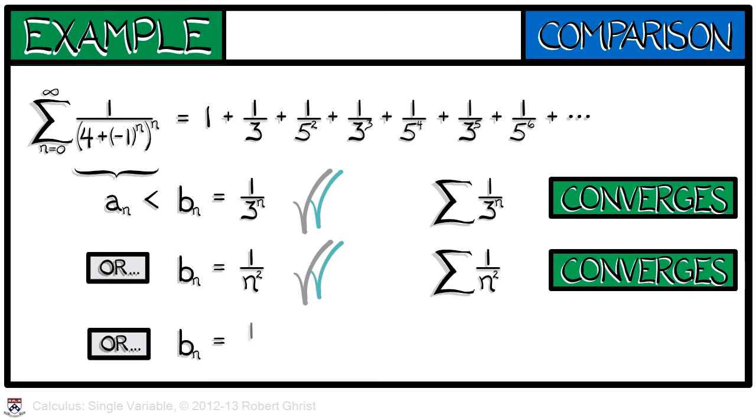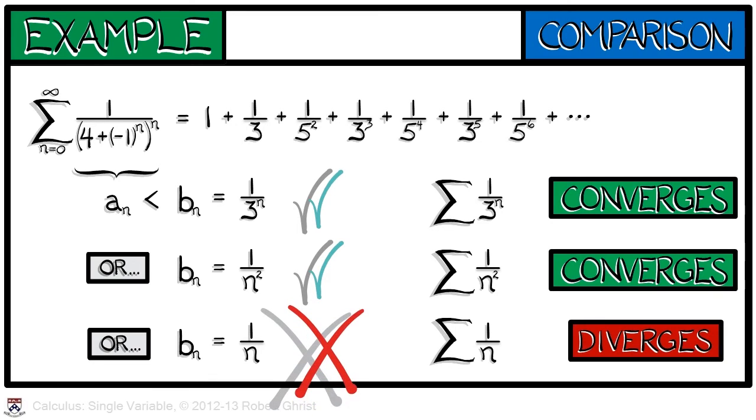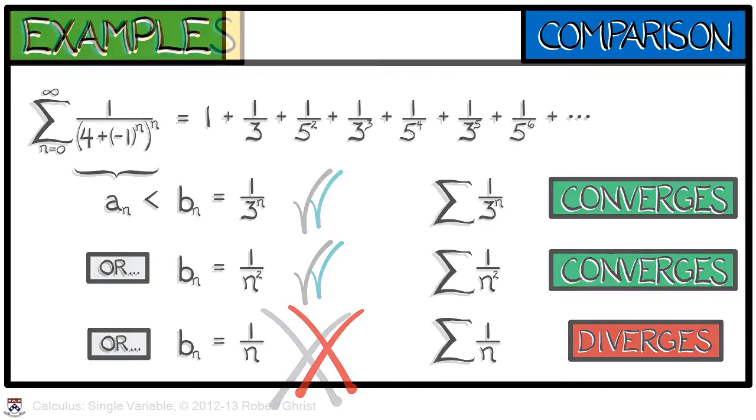On the other hand, a perfectly good upper bound is given by 1 over n. However, this p-series diverges, and it doesn't tell us anything about whether the A series converges or not. This is the subtlety in using the comparison test.